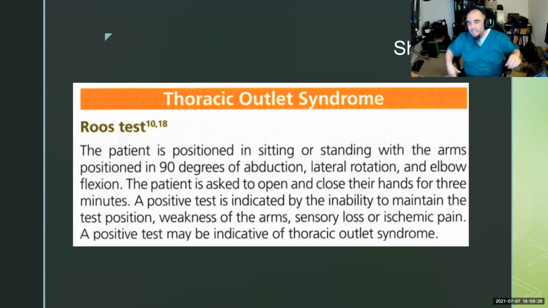A positive test is either while they're doing it, they just put their arms down, or you get numbness or weakness while they're doing it, or you get ischemic pain. Because you're doing this for so long, the blood flow gets cut off and your fingers turn white or black and you have ischemic pain, almost like the intermittent claudication of the legs.